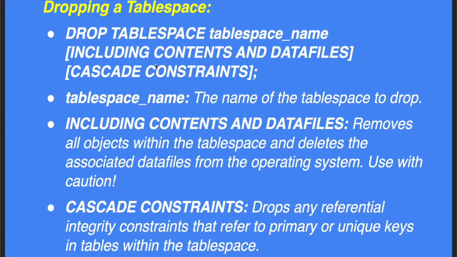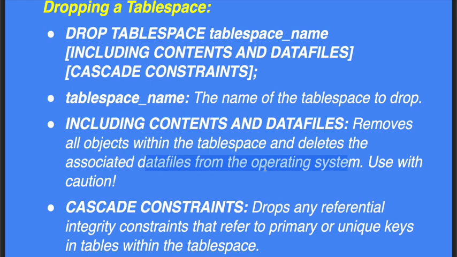Very dangerous parameters, use them very carefully, because including contents and datafiles removes all objects within the tablespace and deletes the associated data files from the operating system. So you need to use it with caution. If you mention contents and datafiles, it will remove the data file from your operating system also, which is a bad idea.